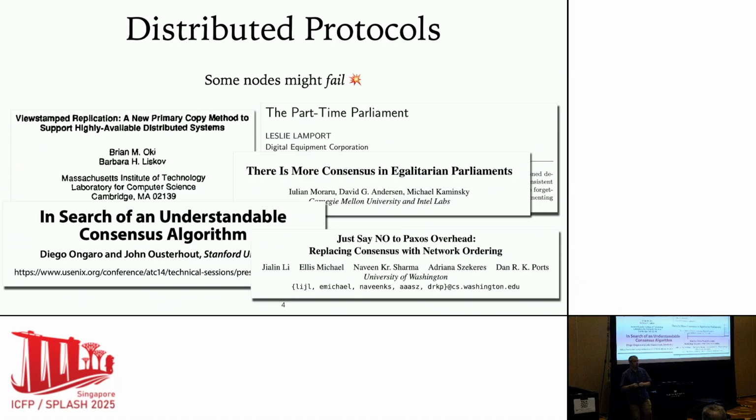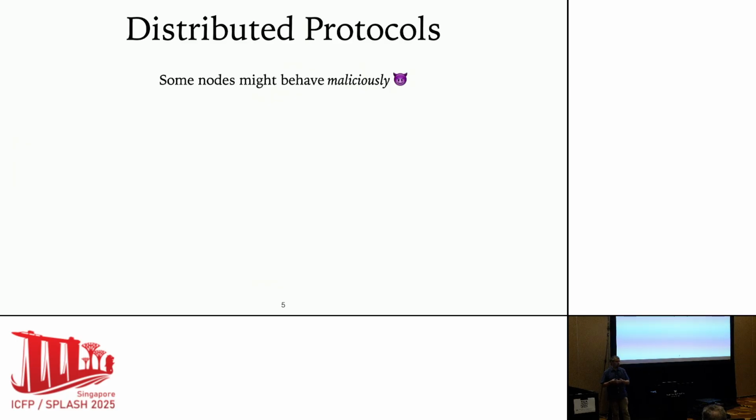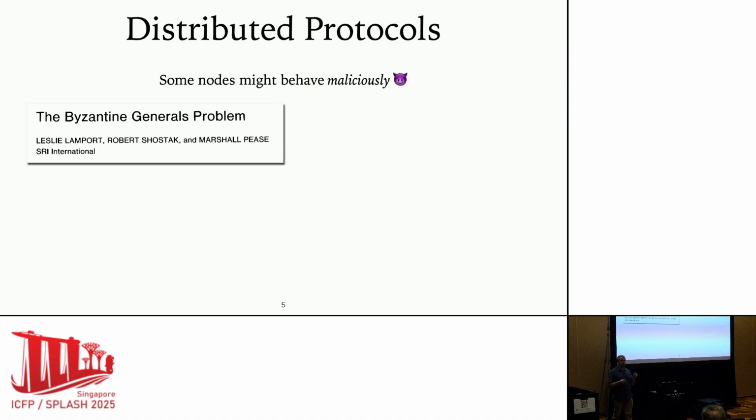But the story doesn't end even there, because not only might parties fail, they might intentionally misbehave to make it difficult for the honest participants to achieve agreement. You can think of systems such as blockchain protocols, where people have very real financial incentives to behave maliciously, so they can, for example, double spend the digital currency. This is a very popular problem, as are many things in distributed computing.